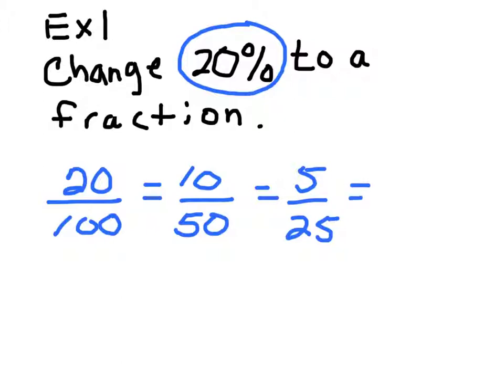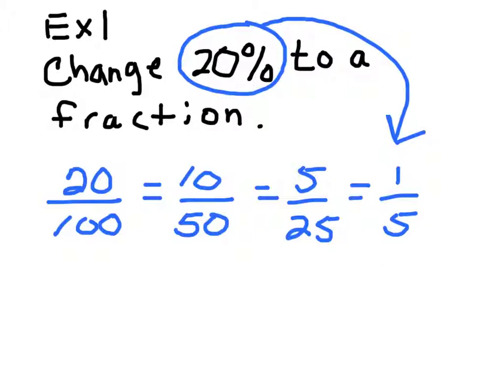And 5 divided by 5 is 1, and 25 divided by 5 is 5. So 20 out of 100 is 1/5, or in other words, 20% is the same thing as 1 out of 5. So 20% is the same as the fraction or value of 1 over 5.